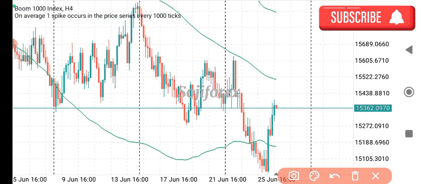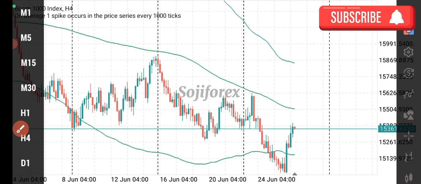Boom 1000 has been bearish, and here we have a high, our low, we have this high, this is our lower high, and then here we have our lower low. So Boom 1000 is bearish.